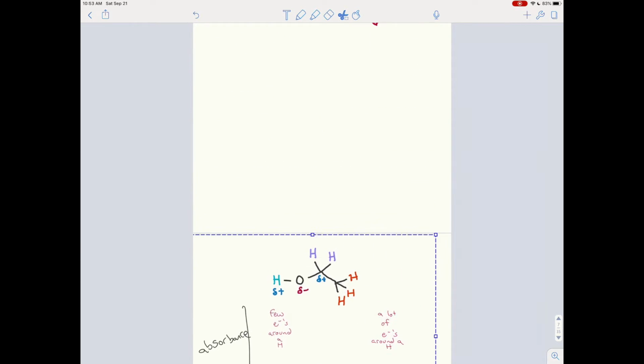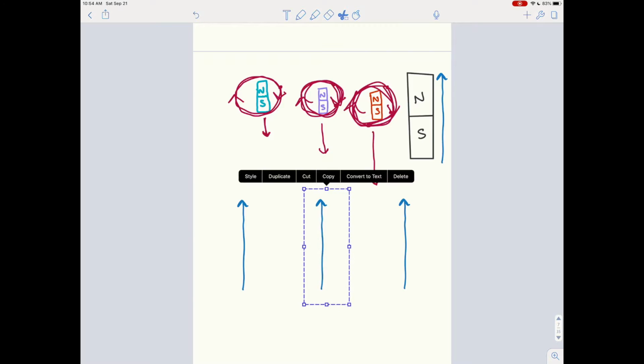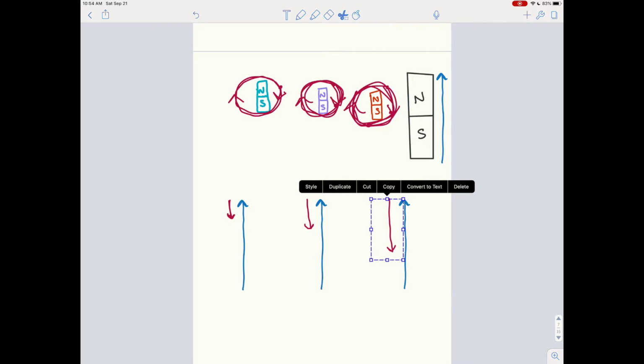So let me move this down here. In other words, you have the external magnetic field, and that's being applied to all three of these nuclei. But each nucleus has a unique amount of push against that coming from the electrons, pushing back against the imposed external magnetic field.